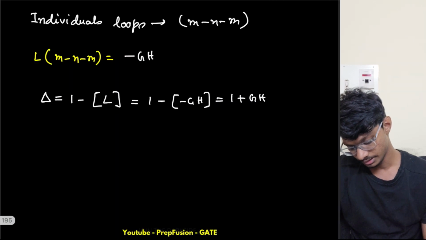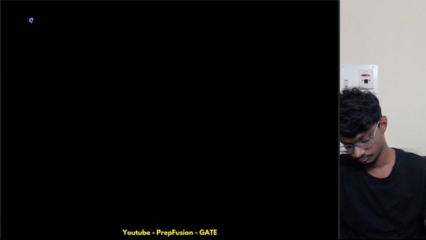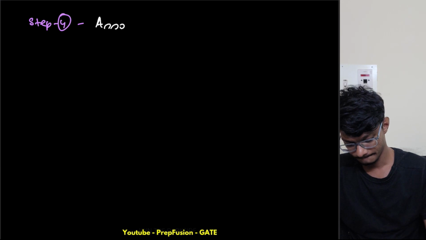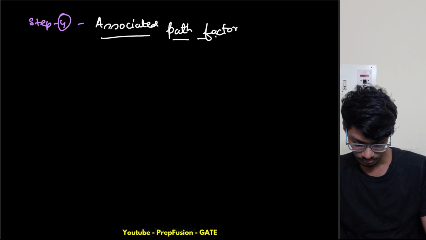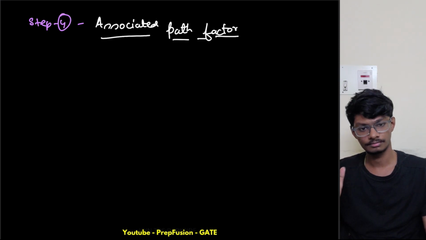So now let's find the associated loop path factor. This was step 3. Now let's do step 4, the associated path factor.